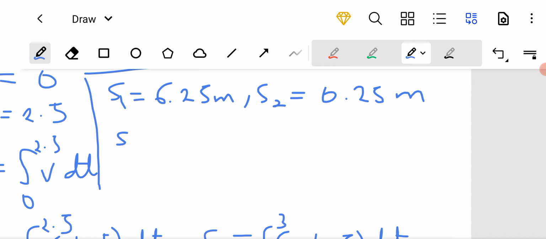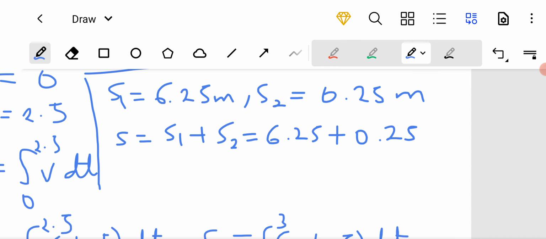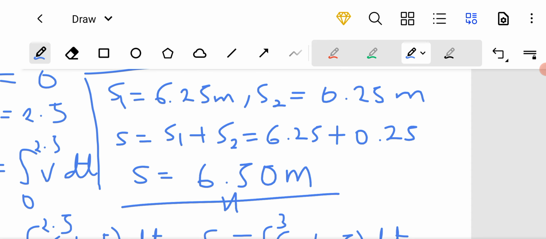And then S will be equal to S1 plus S2, which is 6.25 plus 0.25, and finally S will be equal to 6.50 meters. This is the distance traveled in the first 3 seconds. You can't find a negative value for distance because distance is not affected by direction. It is a scalar quantity. That's why we do this.